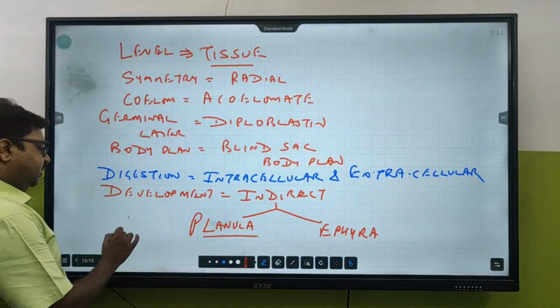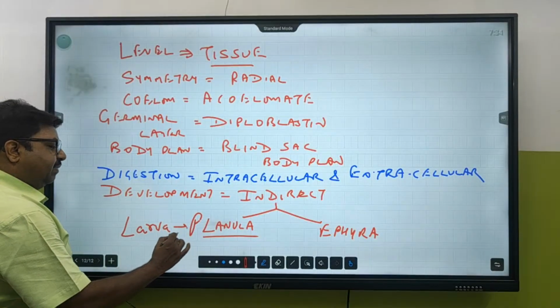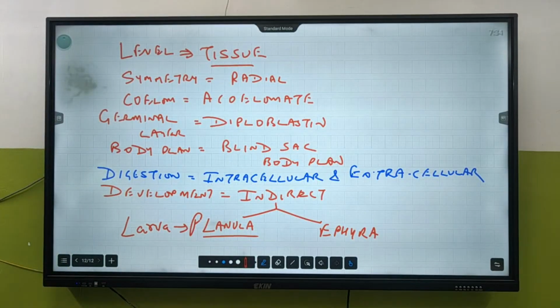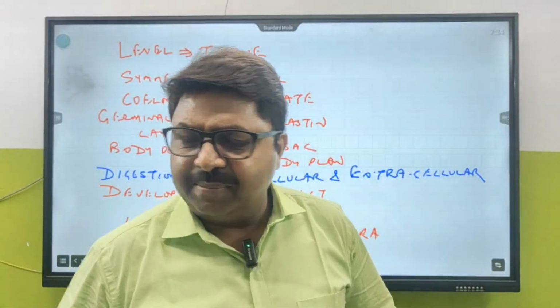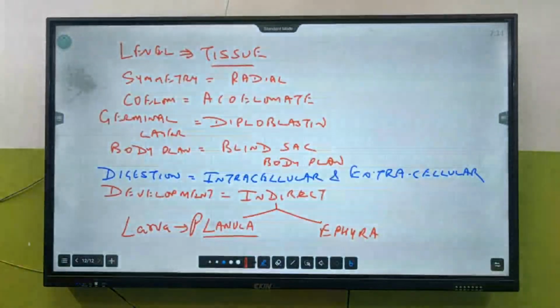These are the names of the larva. So they show indirect development.